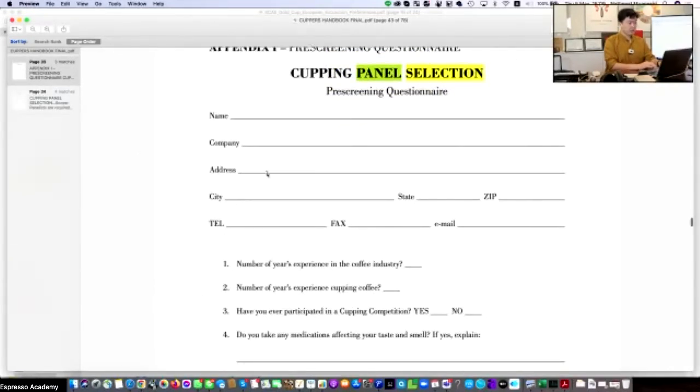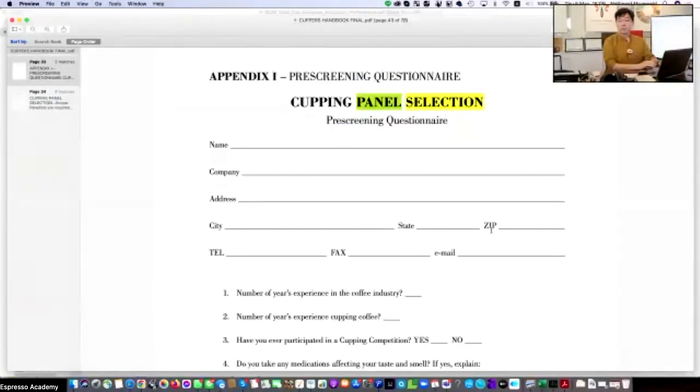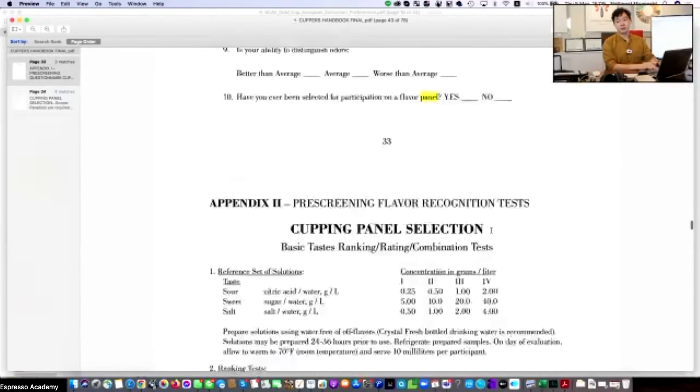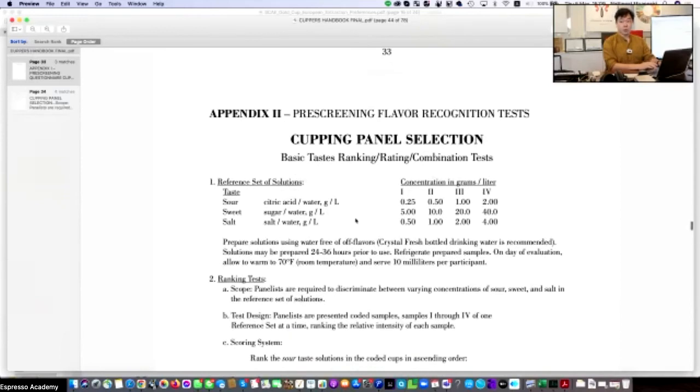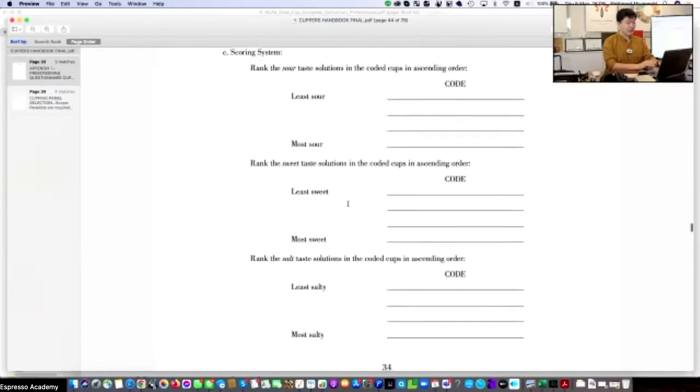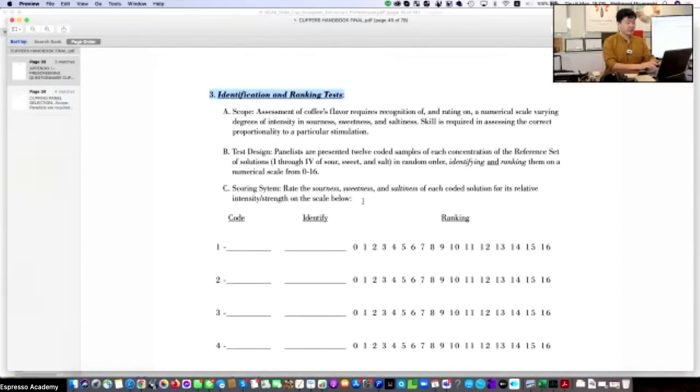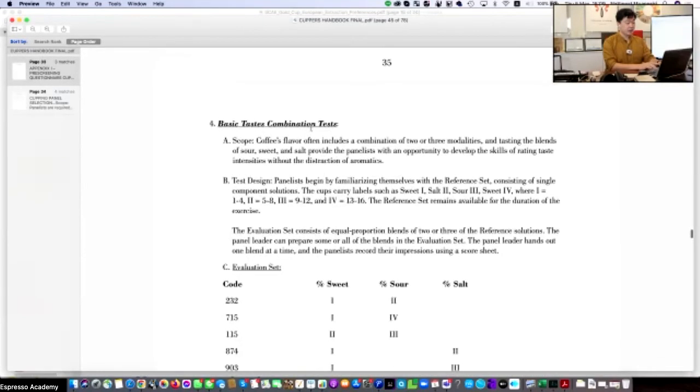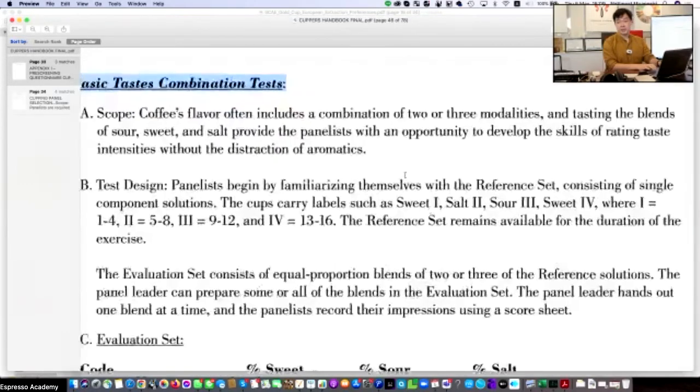Here, cupping panel selection. In this one, you can start looking into it, and you need to do panel selection by basic taste, and then you do it again with identification, ranking, and test, and again with basic test combinations.